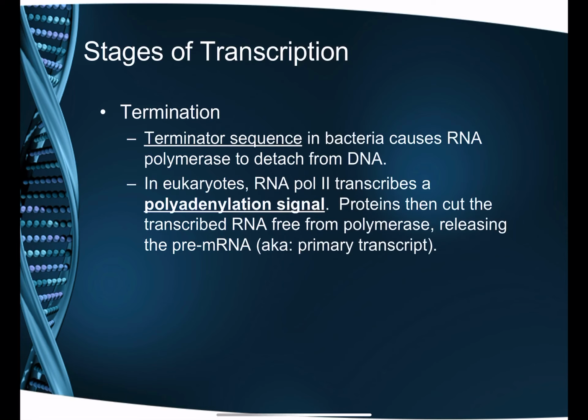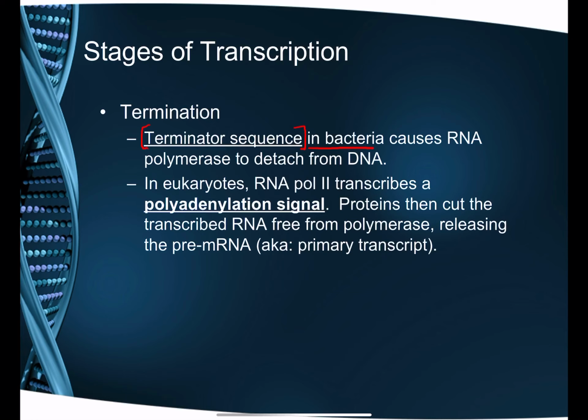In bacteria, you have a specific sequence referred to as the terminator sequence that causes the polymerase to detach from the RNA and stop transcription. When it sees that sequence, it's kind of like recognizing a stop codon.